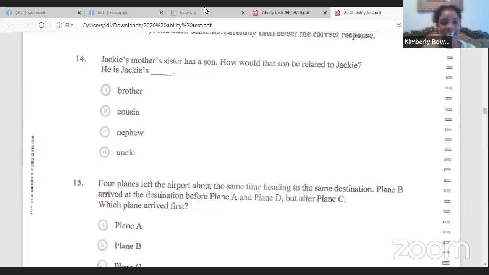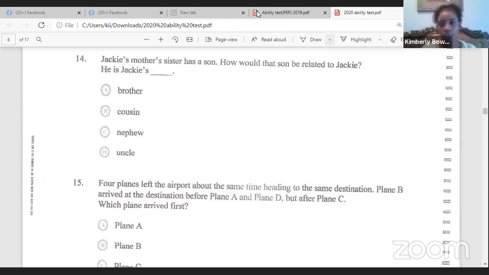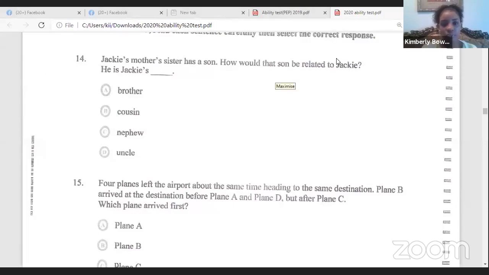He is Jackie's. So that's a blood relation. I'm not concerned with the answer. I'm showing you what type of questions these are. We're going to the underlying basis of how these questions are compiled.